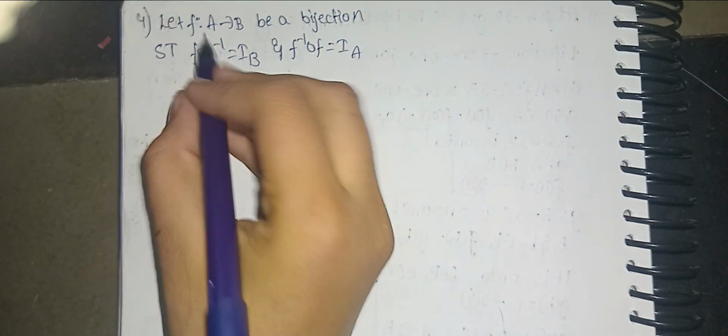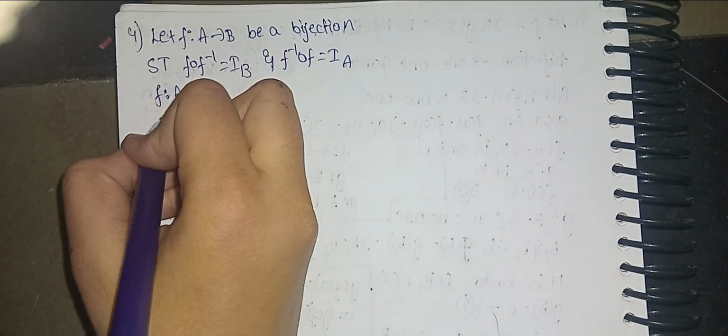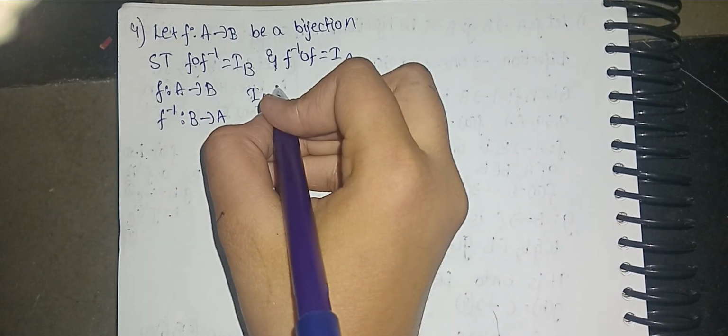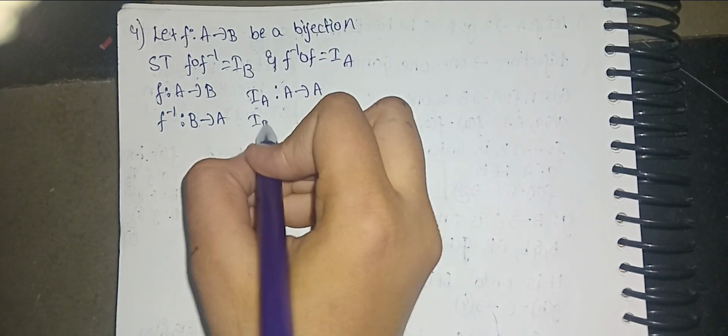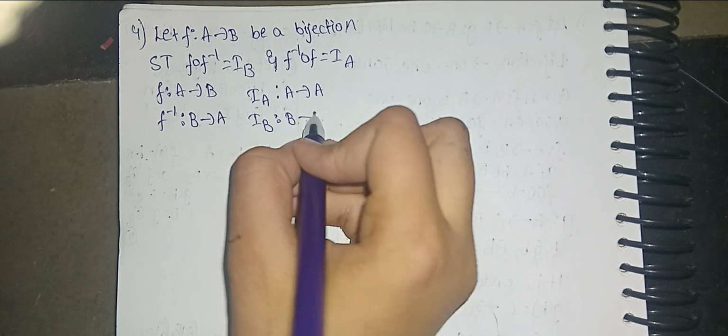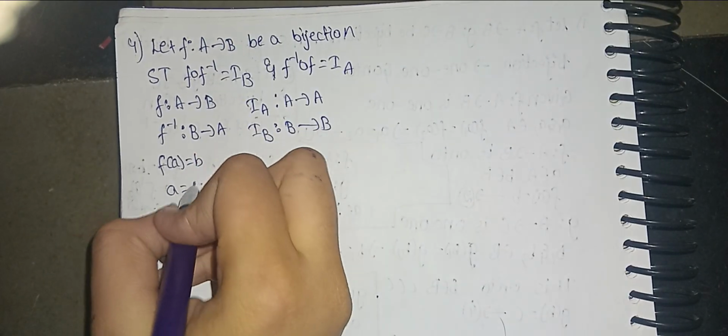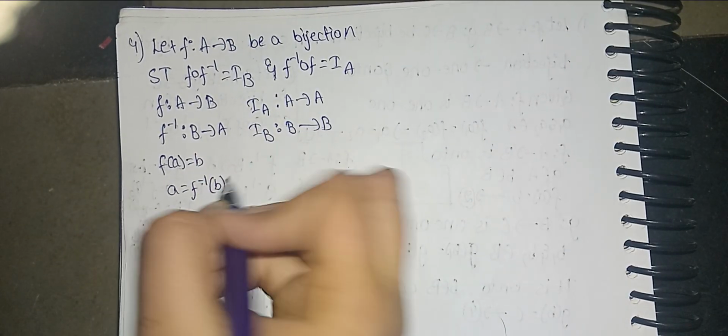See here, f function is A to B. Means f inverse will be B to A. Okay, here IA and IB are identity functions. So input and output will be same. Means f of a is equal to b, a is equal to f inverse b.